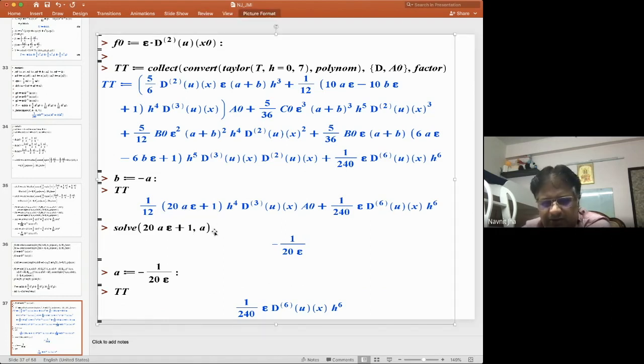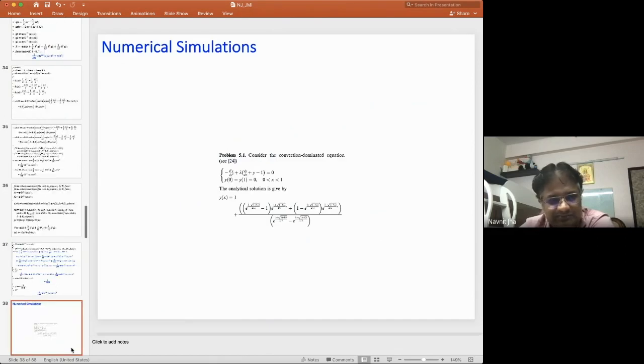If we solve it, A is coming out to be -1 by 20 epsilon. This is the same as what we obtained earlier. For this value of A, that is, if we put A equal to -1 by 20, this TT is coming out to be something times H raised to the power 6. This is the local truncation error of the scheme. In this way, we have got the scheme for the nonlinear equation.